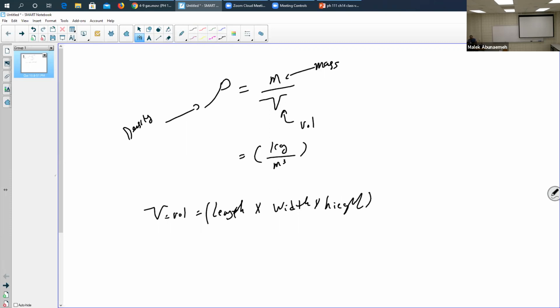It's your length multiplied by your width multiplied by your height. Usually, it's going to be meter times meter times meter, which is going to equal meter cube.